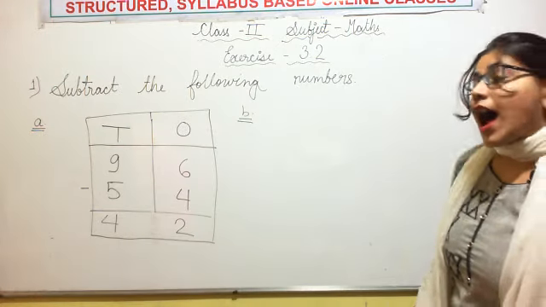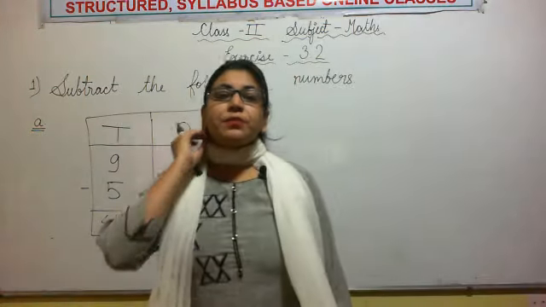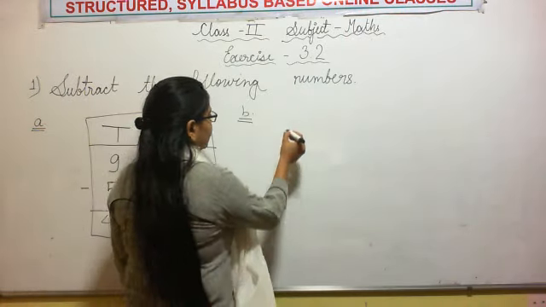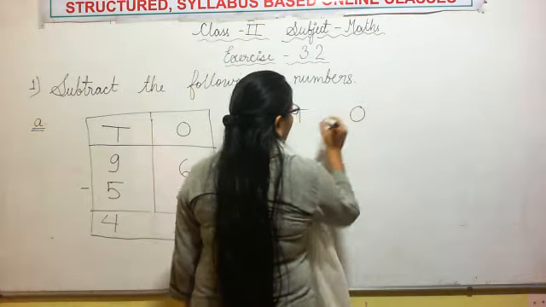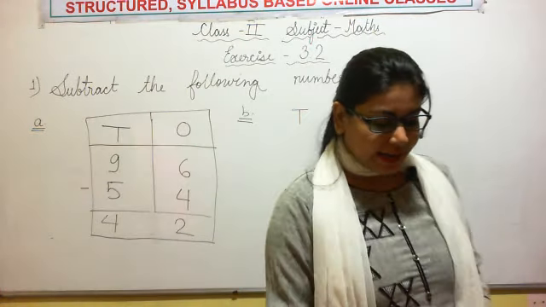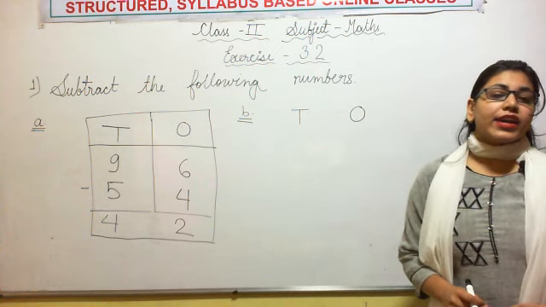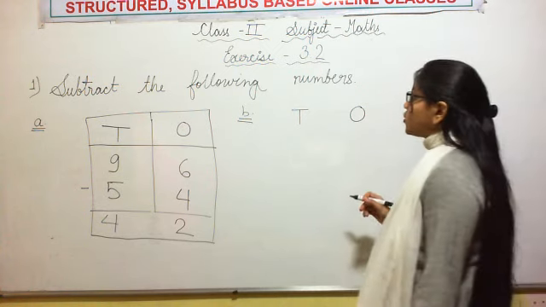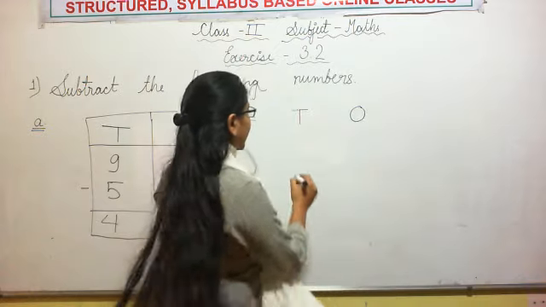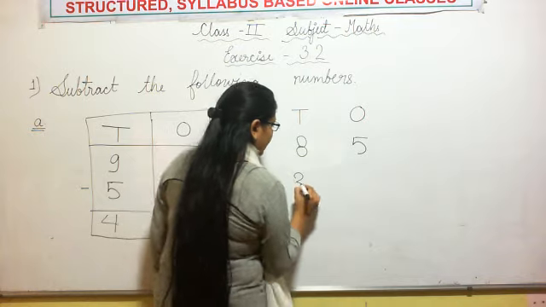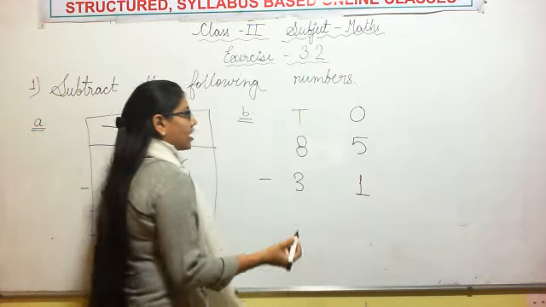Part B. Again we will write places first. So let's write tens and ones. I hope you are also done writing tens and ones. 85 minus 31. So we'll write 85 minus 31. Okay.